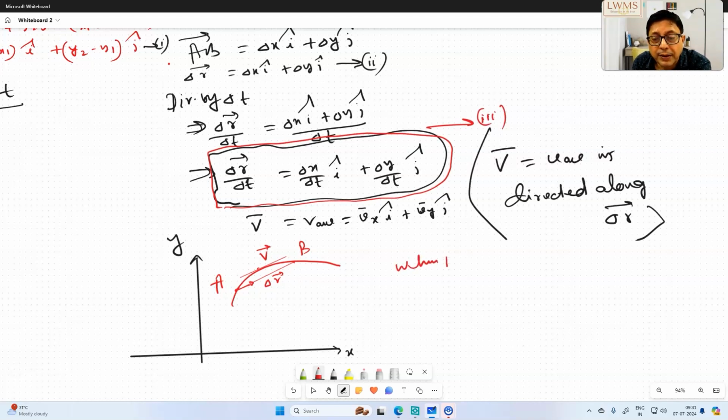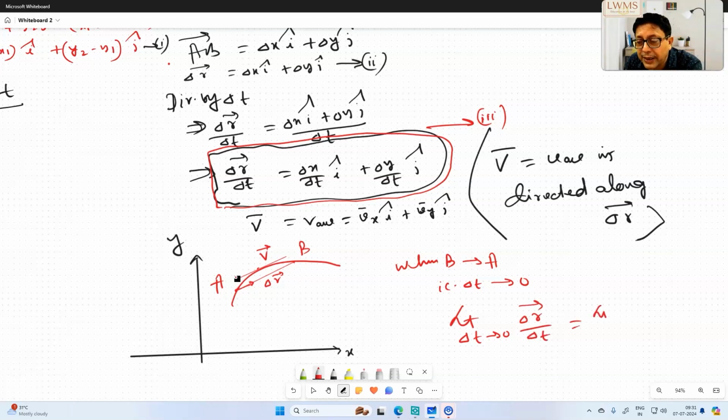When B tending to A, that is delta t tending to 0, we put limit over there: limit delta t tending to 0, delta r by delta t will be limit delta t tending to 0, delta x by delta t i cap plus delta y by delta t j cap. So this thing is what? By calculus, we can say that it is dr by dt. This is the definition we have done in first principle, and this is what?